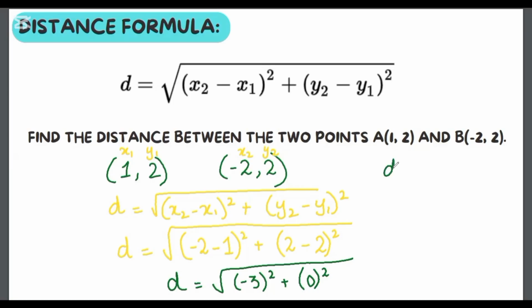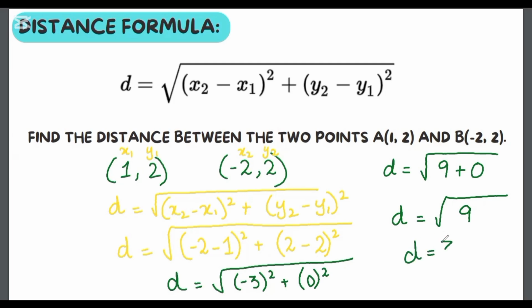This gives us d equals under root, square of -3 is 9, plus square of 0 is 0. d equals 9 plus 0 is 9. In the last step, you have to calculate the square root. The square root of 9 is 3. So the distance between the points 1, 2 and -2, 2 is 3 units.